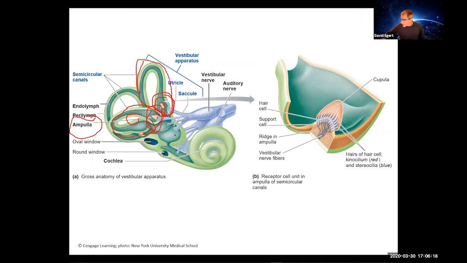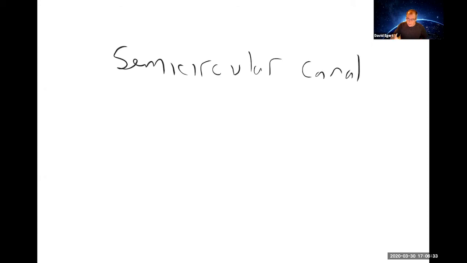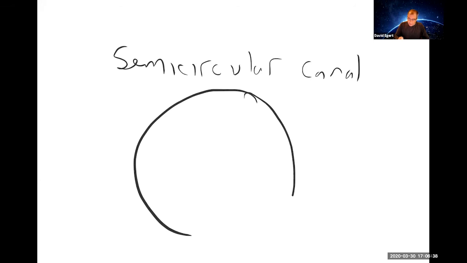So the basic idea here is there's basically going to be a semicircular canal. And again, there's 3 of them.